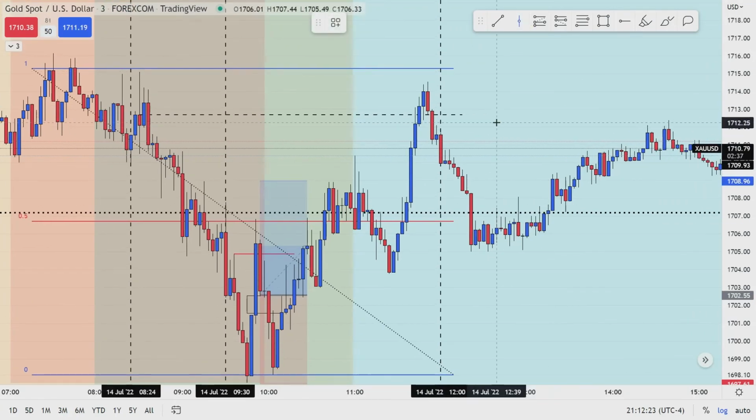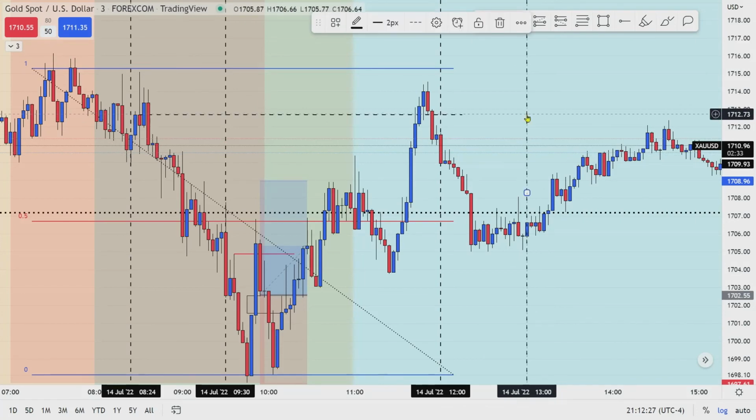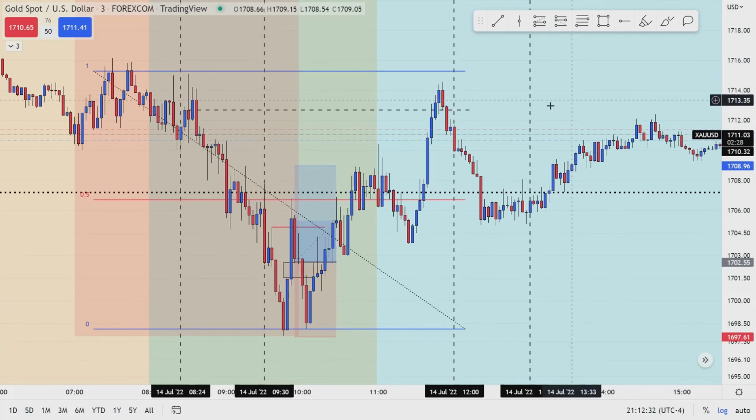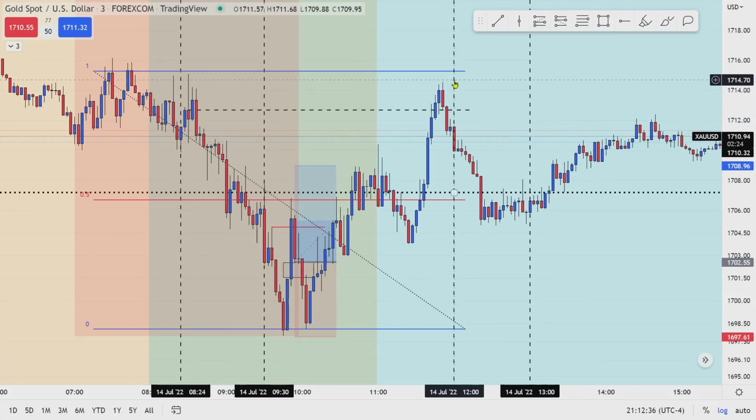Because normally, based on past data, or recently, when we look at price, once 12 comes around, 12 Eastern time, normally we see a reversal of price. Normally, not all the time, but normally we see a reversal at 12.